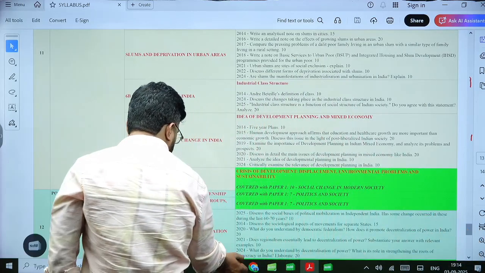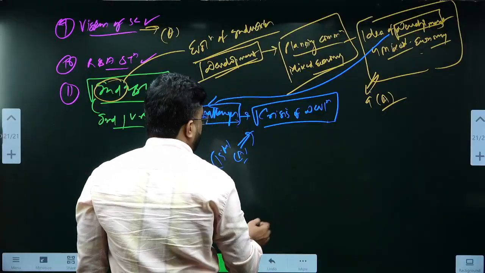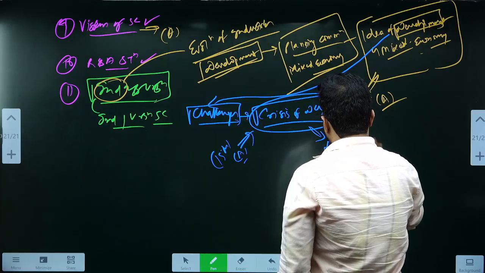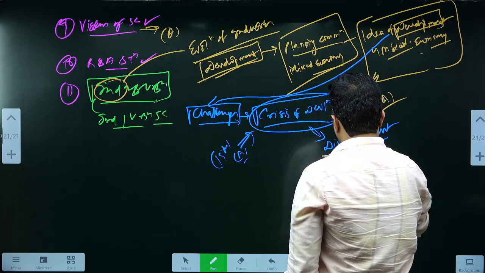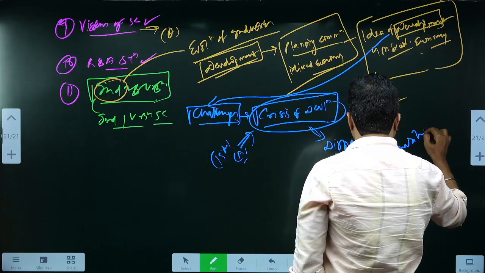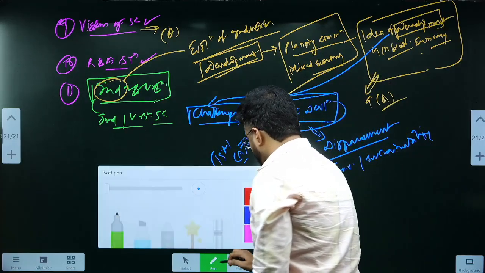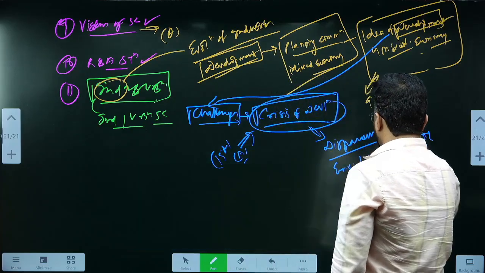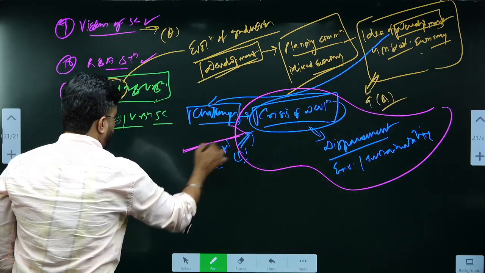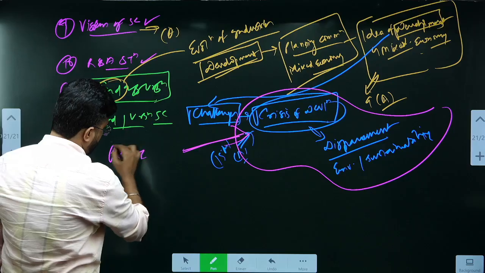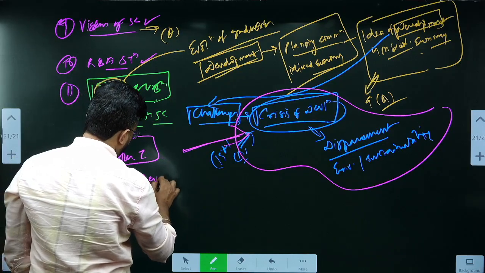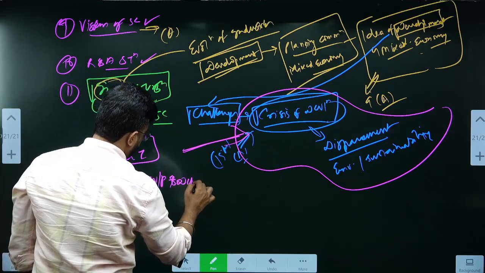Now this crisis of development portion, where we have to talk about displacement, environmental crisis and sustainability, you need to cover with your paper 1, chapter 10, social changes, where you talk about development and dependency.